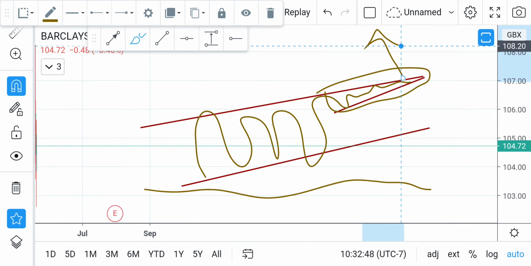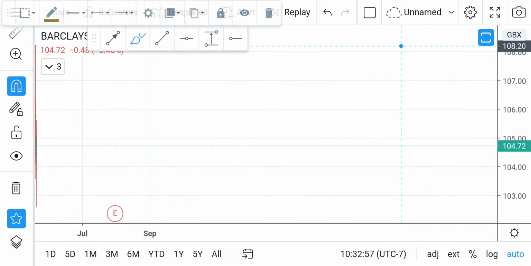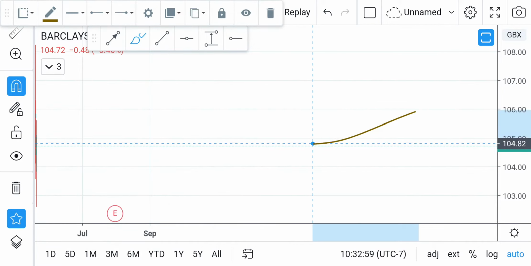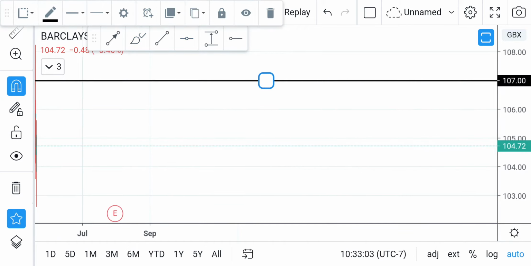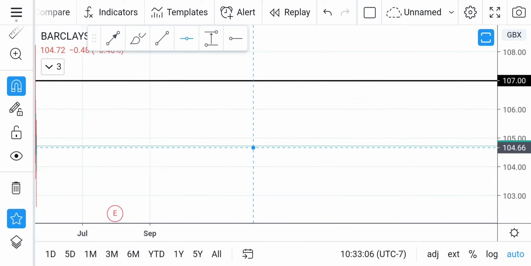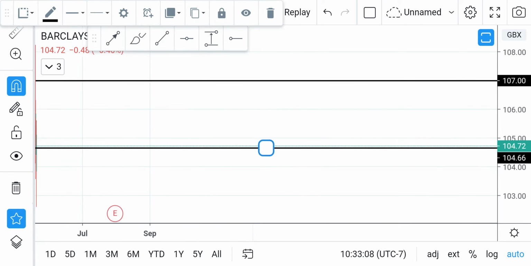So the next chart pattern I'm going to talk about is false breakouts. A false breakout is when, let's say you have support and you have resistance. A false breakout is when price breaks below the support or above the resistance, then comes back into the support and resistance range.